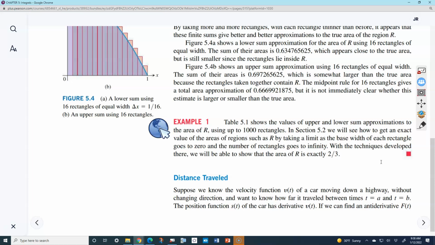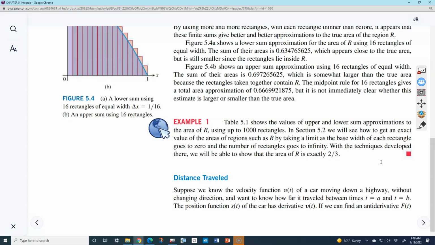Suppose we know the velocity function v of t of a car moving down a highway without changing direction, and wants to know how far it traveled between times A and B. The position function s of t of the car has a derivative v of t. We knew that from calculus 1, right? So the derivative of position is velocity.